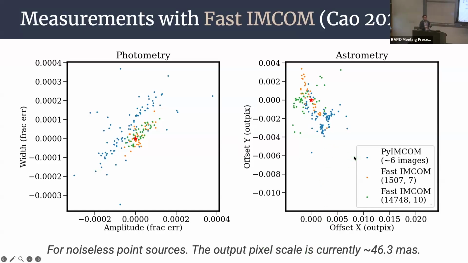PyIMCOM is just the Python implementation of IMCOM. The blue data points are from the combination of 6 images, and the green and orange points are from single epoch images. My conclusion is that if we want to have high precision, high accuracy photometry and astrometry, Fast IMCOM is eligible for that.